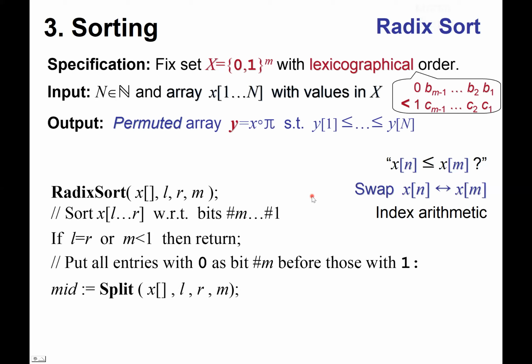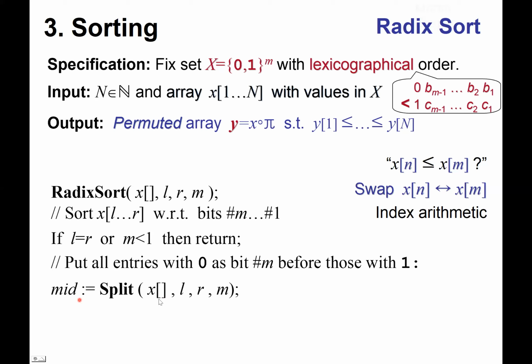Okay, so this is the split operation, and split operation operates in place. It uses the existing array, and as a result of the split operation, it will tell how many bit strings started with 0 and how many started with 1.